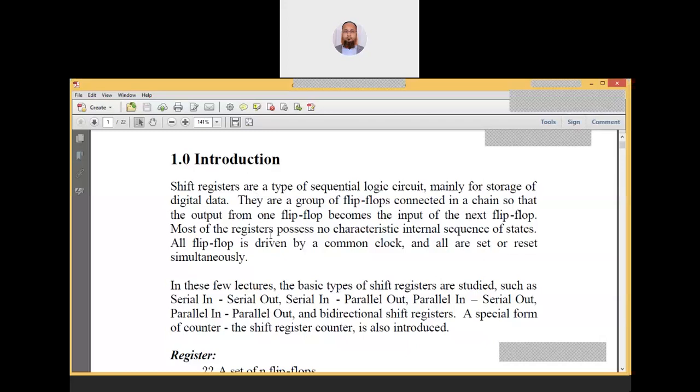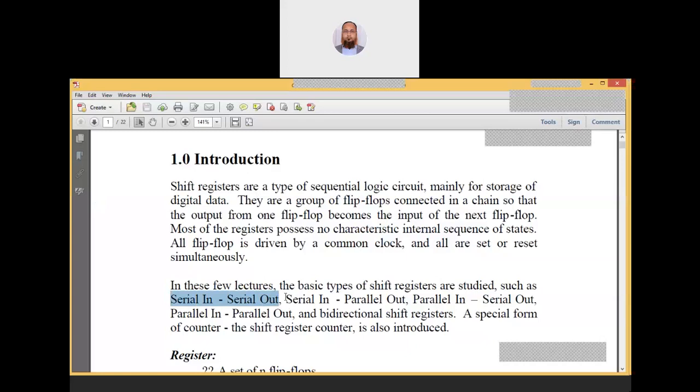And there are different connections which make them serial input, serial output, parallel input, parallel output. There are a lot of combinations. Those are written here. Serial in, serial out means the input will go serially and the output will come serially, which means we cannot change all the outputs at once.